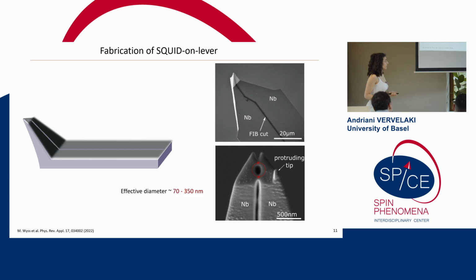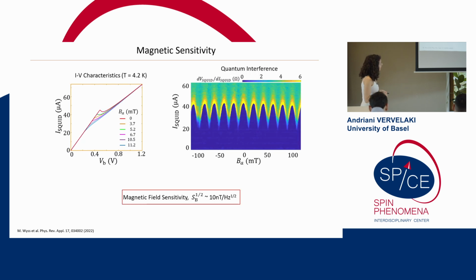The very first SQUID that we fabricated was around 350 nanometers, but we managed to scale this down. Again, I don't want to go into detail, but by measuring the electric characteristics of our SQUID under an externally applied field, we can calculate a magnetic field sensitivity that goes down to 10 nanotesla, similar to what was done by Eli Zeltov's group.